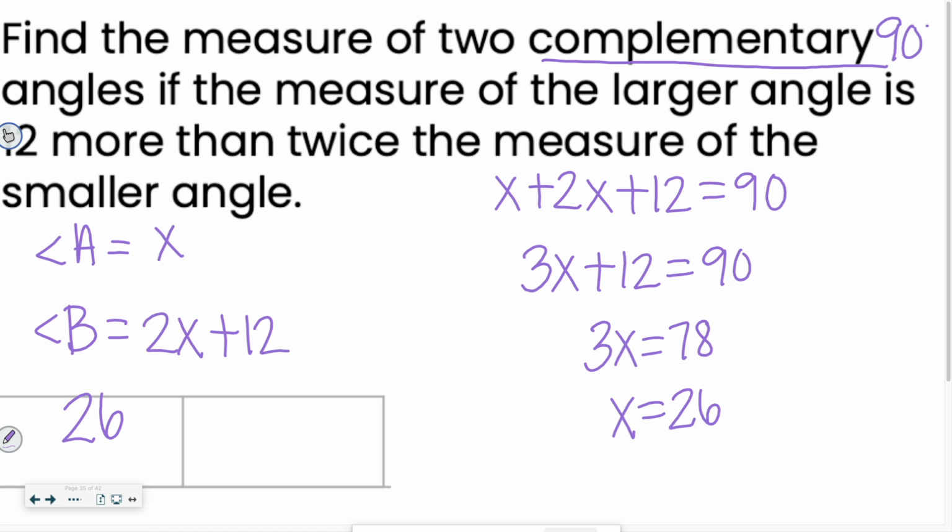You guys get 26 for x. And how do you find the measure of the other angle? Plug it into that. Plug it in, yep. Six, four.